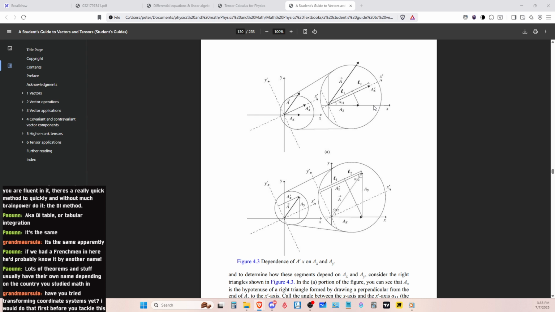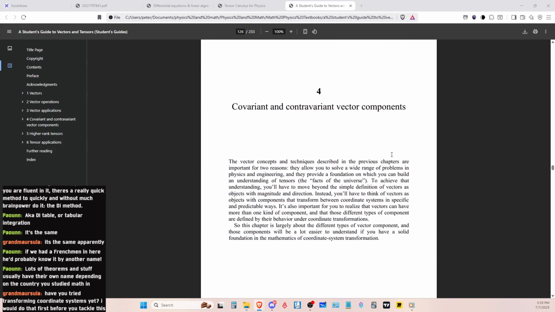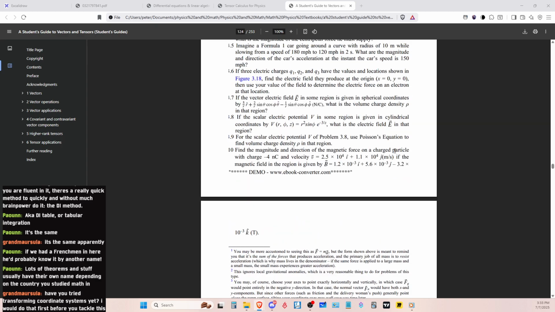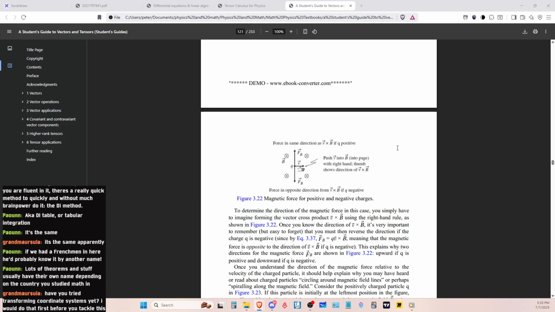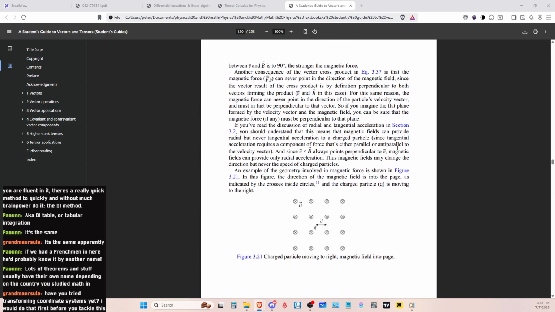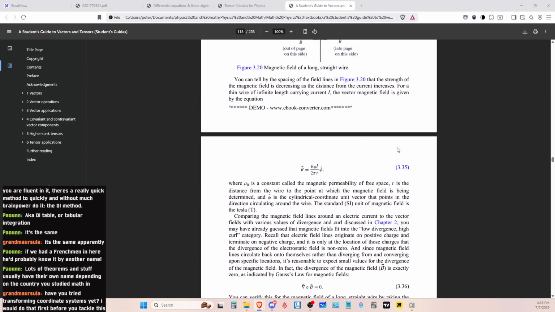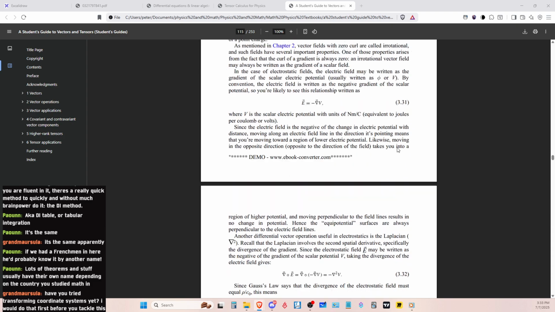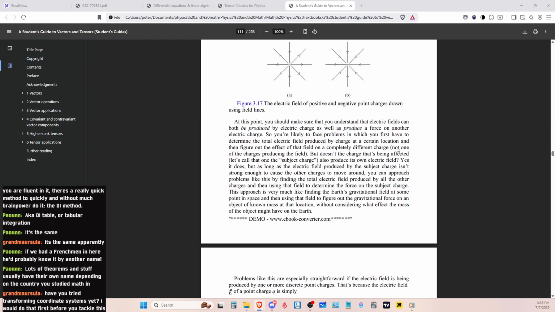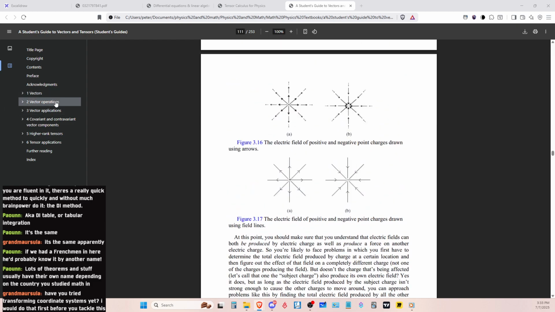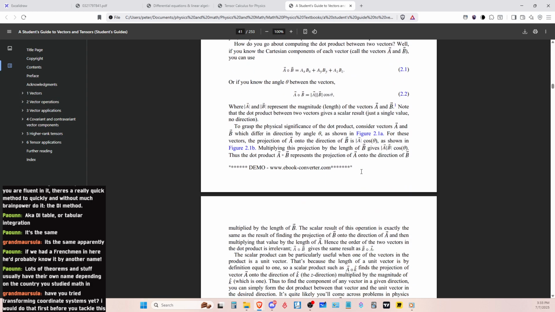Have you tried transforming component systems yet? I would do that first before you tackle this. Are you talking about linear transformations? Because I probably need to work on linear transformations then, if that's the case. According to this book, they mainly cover vectors, the physical applications of vectors and vector operations.